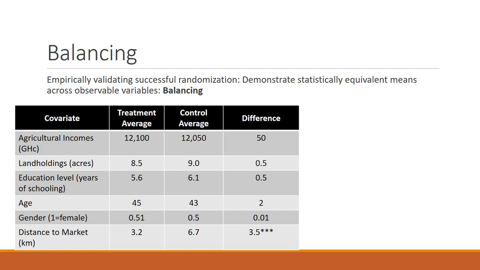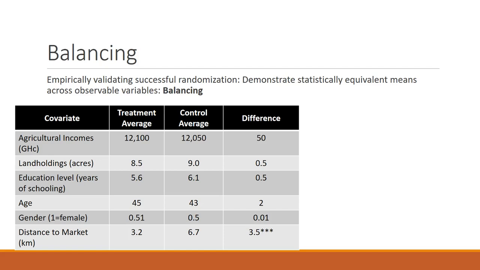We know their incomes. We know how much land they have. We know how many years of education they have. We know their age. We know their gender. We know how far away they live from the market. We know all kinds of things about our 10,000 farmers.